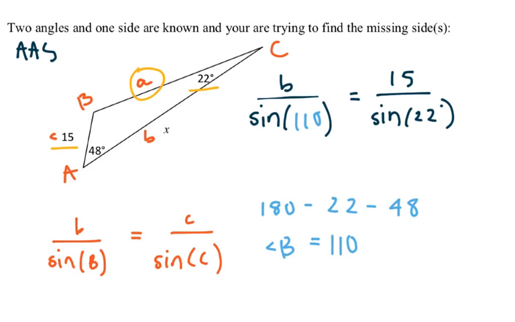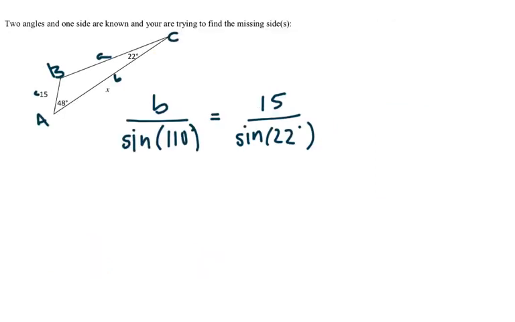Now I can solve for B. Now, the last one like this we solved by cross multiplication, but we don't actually have to use cross multiplication here because we're solving for B, and the only thing happening to B is that it's being divided by sine of 110. So we can undo dividing by sine 110 by just multiplying both sides by sine of 110 degrees.